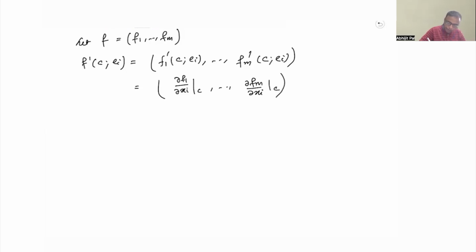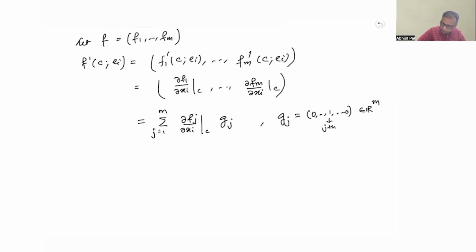So this again you can write as a linear combination, where this gj is the jth coordinate vector in Rm, so it has 1 at the jth position.